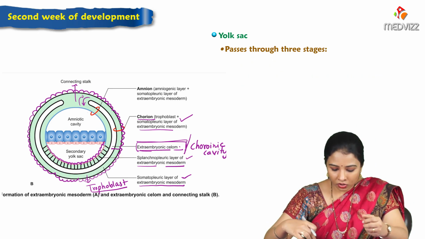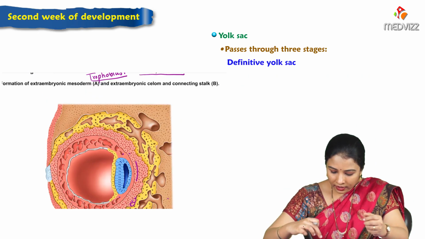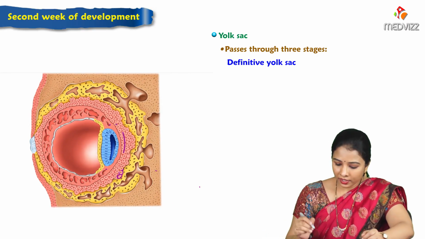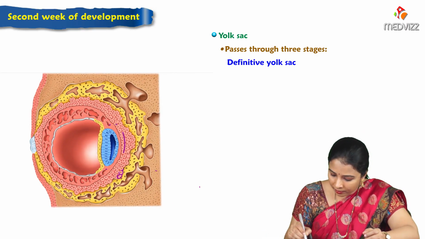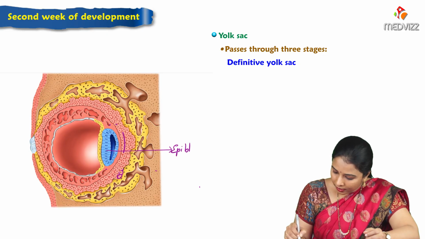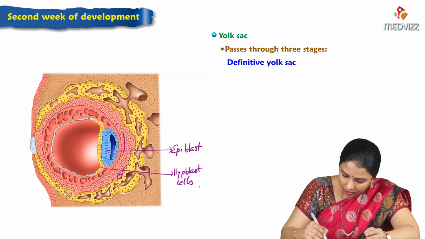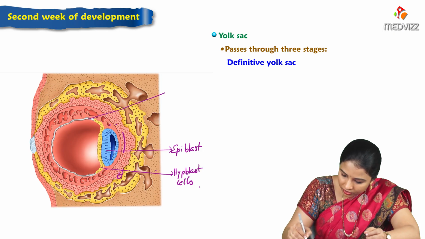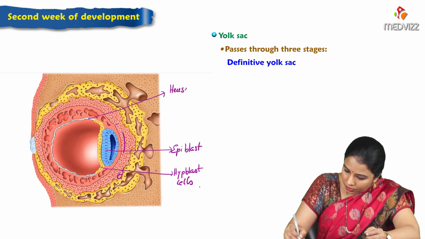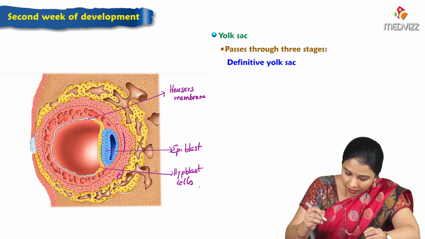The third stage of the yolk sac is the definitive yolk sac. So here we can see the bilaminar membrane, epiblast cells, and the yellow are the hypoblast cells, and we can see the hypoblast cells differentiate to form Heuser's membrane. So this is a primary yolk sac.